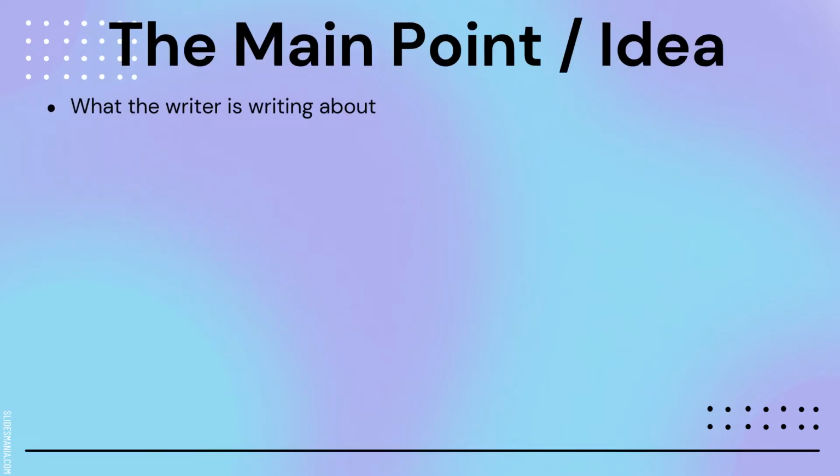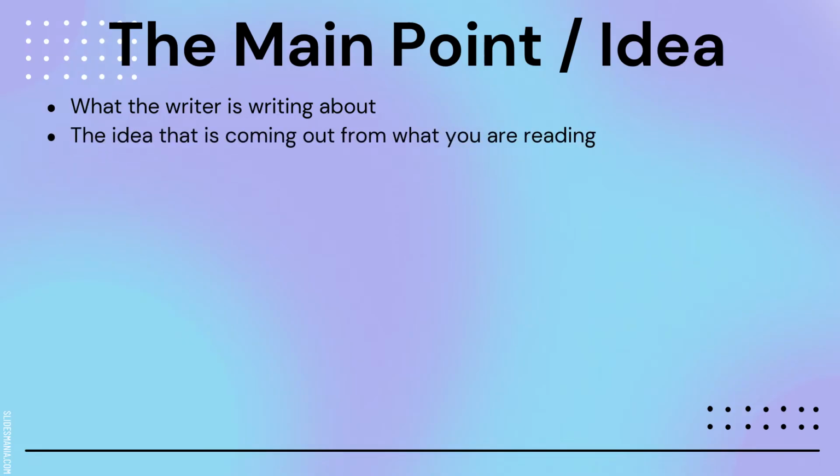So the main point or the main idea is what the writer is really writing about. This is the idea that's coming out from what you're reading. It could be one sentence if it's a short passage, but the longer the passage is, the more likely that you're going to need 2 or 3 separate sentences in order to fully capture the main point or idea.